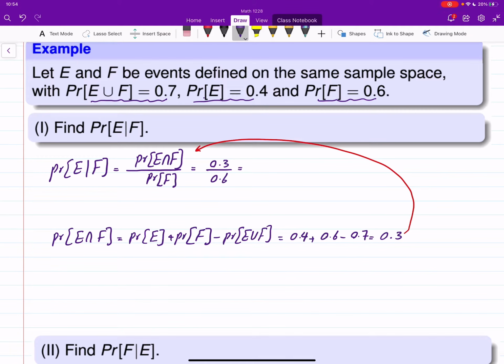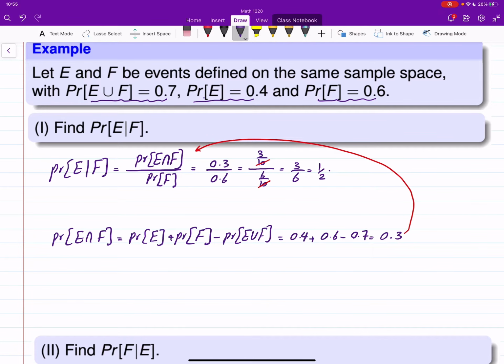I want to simplify this. There are different ways to do it, but the way I like, 0.3 is 3 over 10 and 0.6 is 6 over 10. Then you can cancel the tens in the numerator and denominator, and that will give you just 3 over 6, which is 1 over 2.